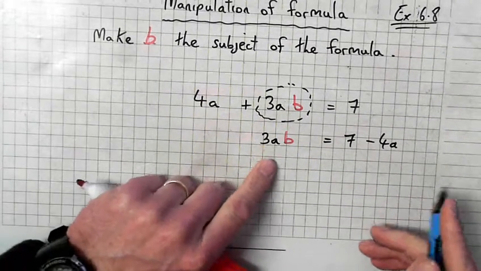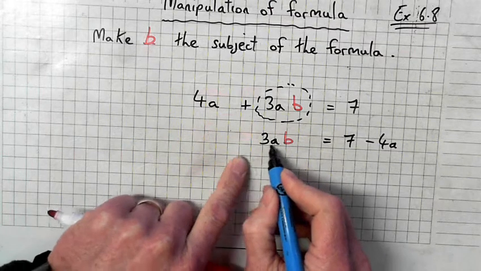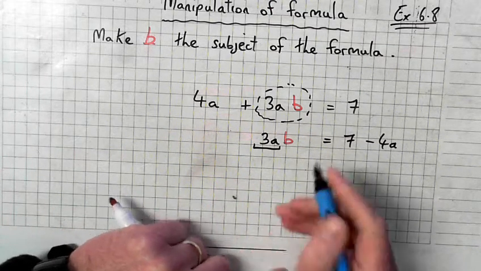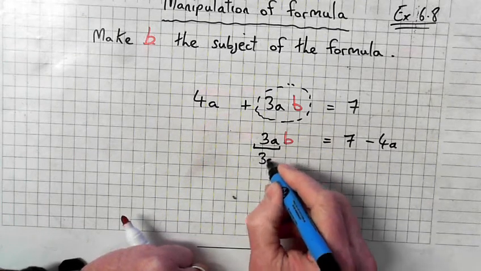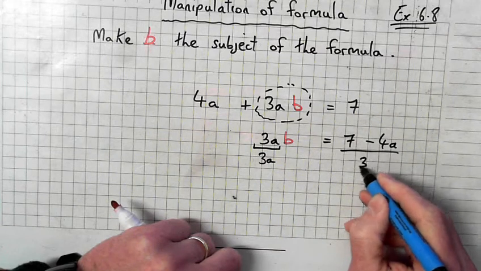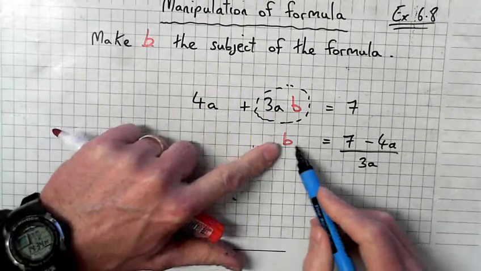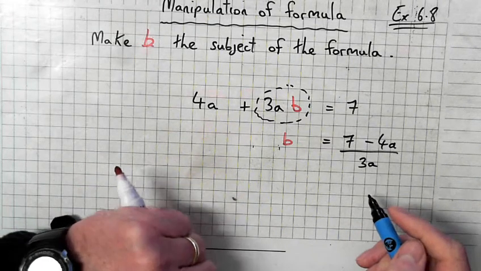What do I need to get rid of? I want b on its own, so I want to get rid of 3a. Divide both sides by 3a. 3a divided by 3a is 1. So b is equal to 7 minus 4a over 3a. Okay?